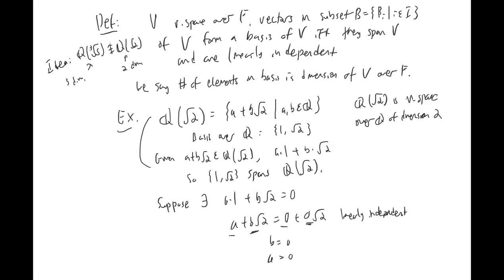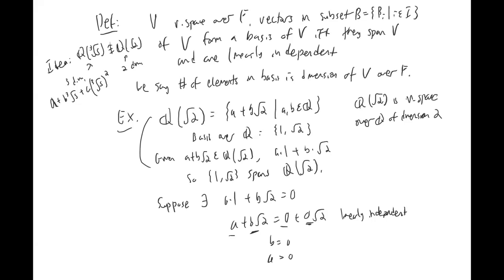So you could show the elements here are of the form A plus B cube root of 5 plus C cube root of 5 squared.